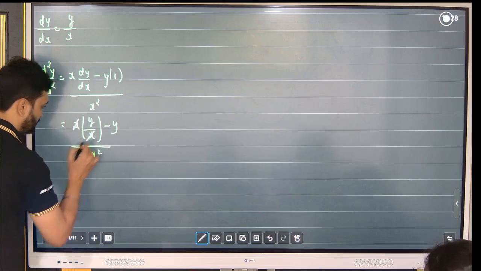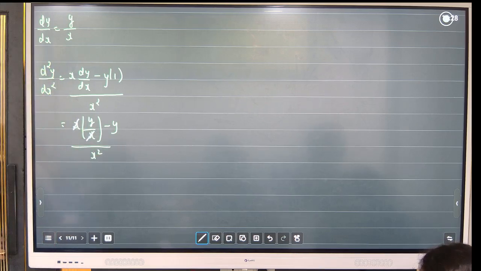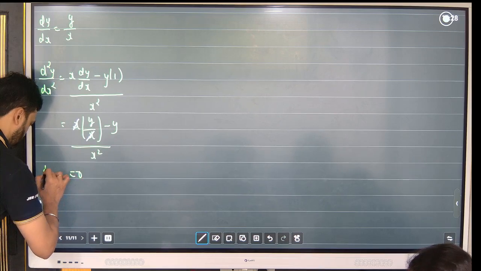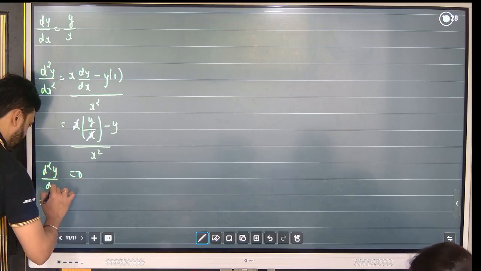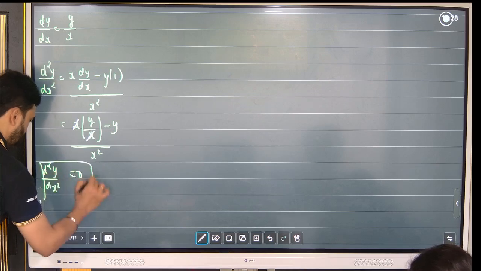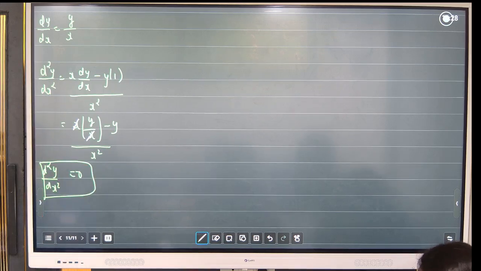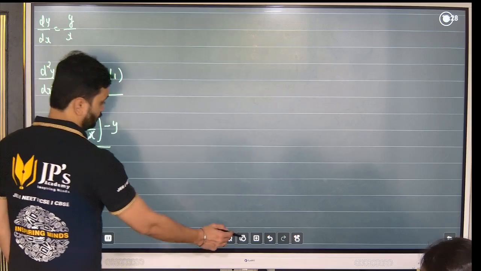This x cancels with this x. Guys, what is y minus y? My answer is 0. So if my first derivative is y by x, my second derivative will always be 0.